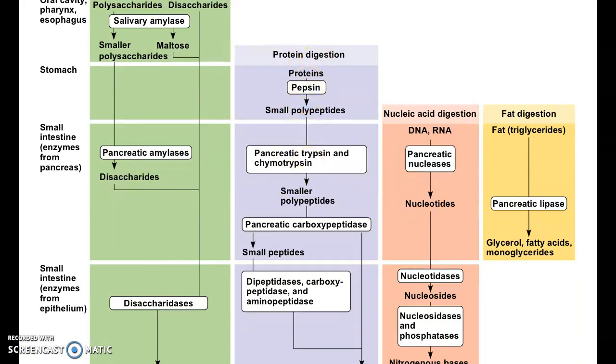Proteins are a little more complicated. Protein digestion, again, starts with mechanical digestion. So it breaks down into smaller pieces in your mouth. And then there is no digestion of proteins happening in the mouth. Remember, the word digestion means that it is breaking down these macromolecules into their individual monomers.